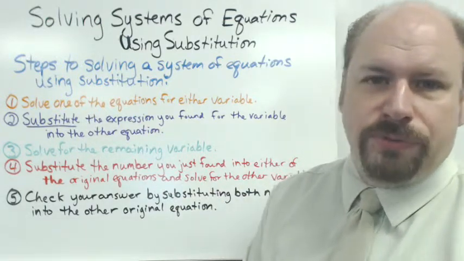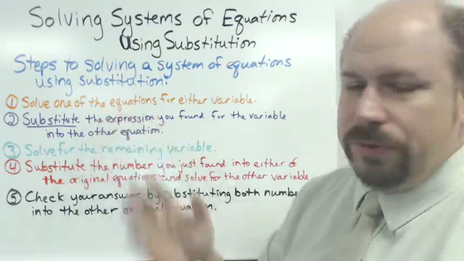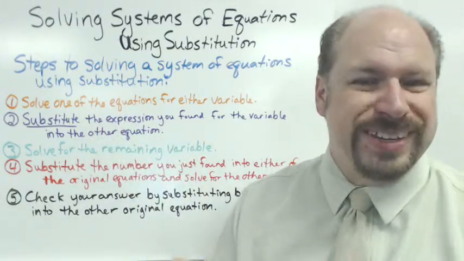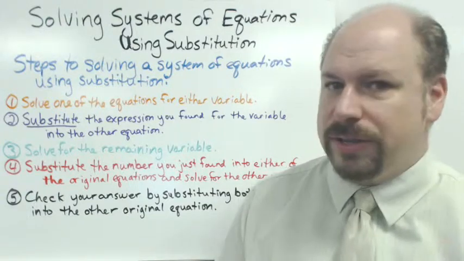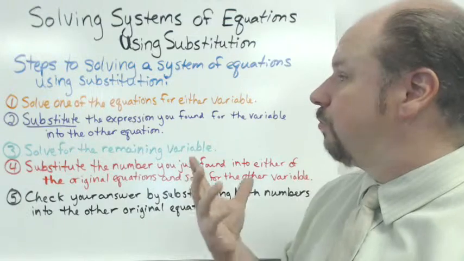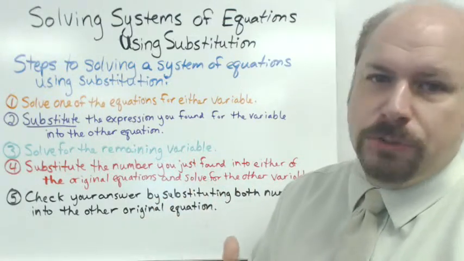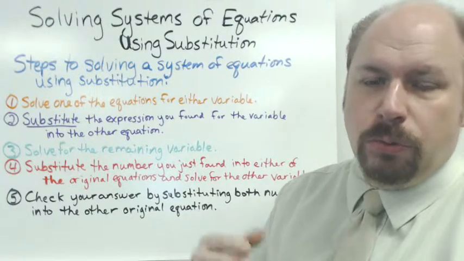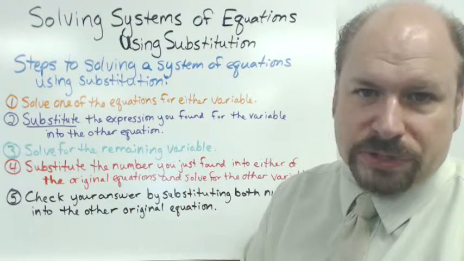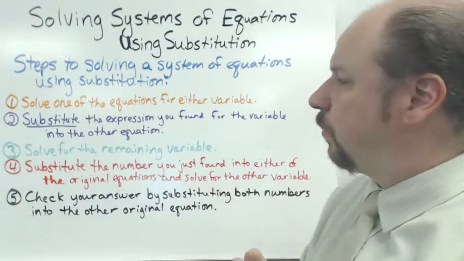So if you have two variables, say x and y, solve one of the equations for one of those variables. It doesn't matter if it's x or y that you're solving for. Sometimes you'll be given equations where one is already solved for one of the variables, so sometimes you can skip this step.